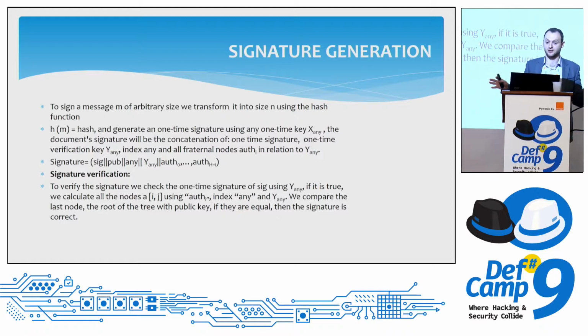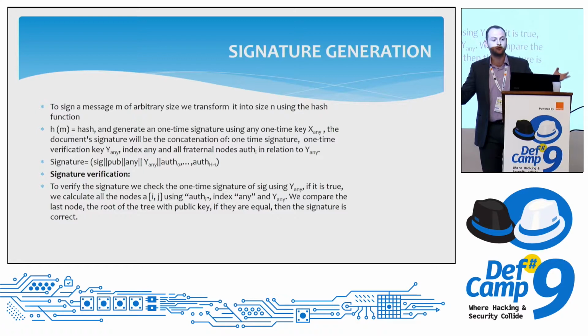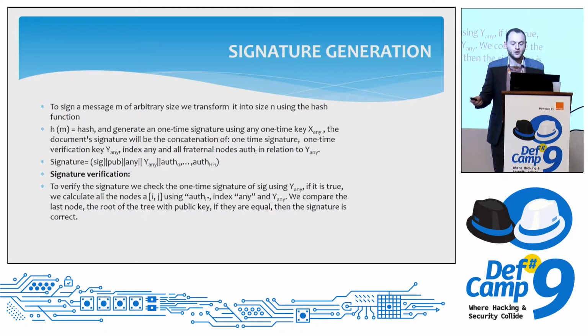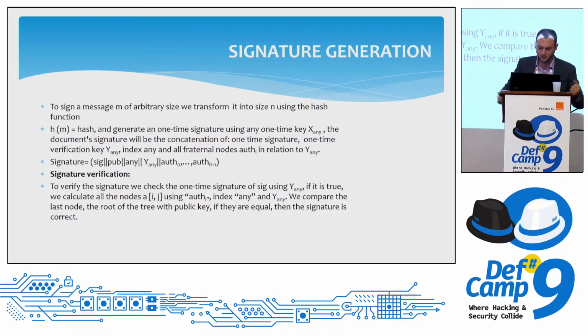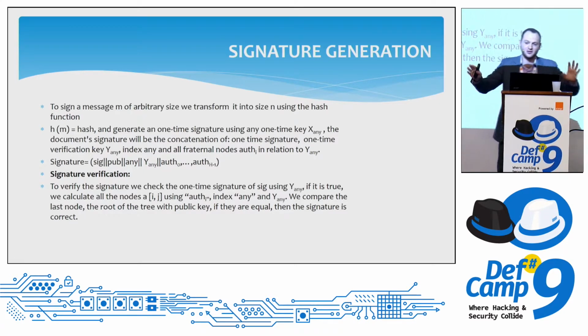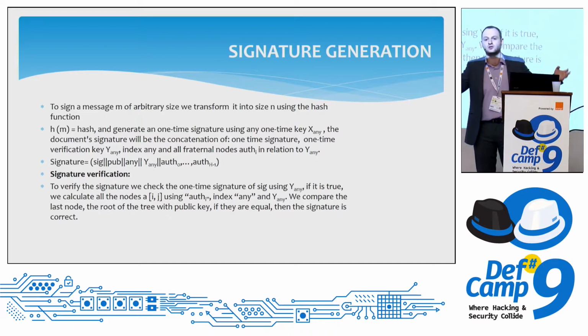So to sign the message, first of all, we hash it to reduce it to the size of n, and afterwards we generate a one-time signature, as we saw in the previous algorithm. Afterwards, we choose one of the signature keys, any of them, for example x, let's call it with the index n.